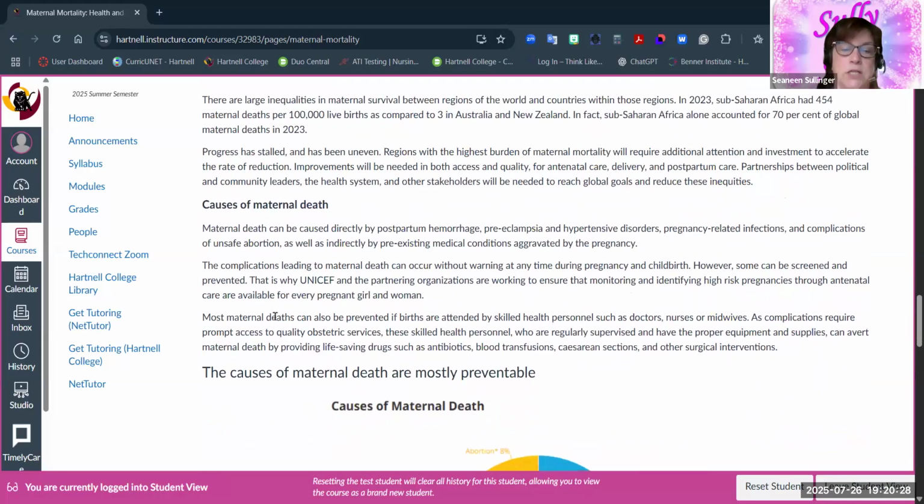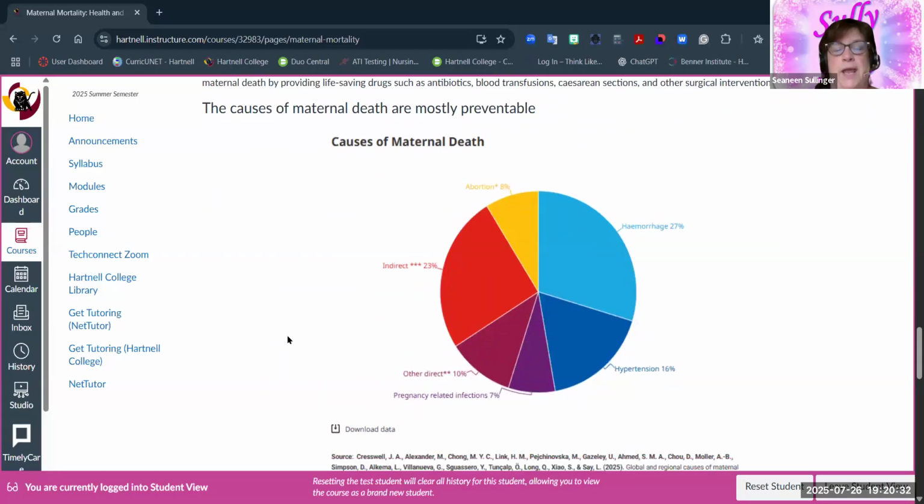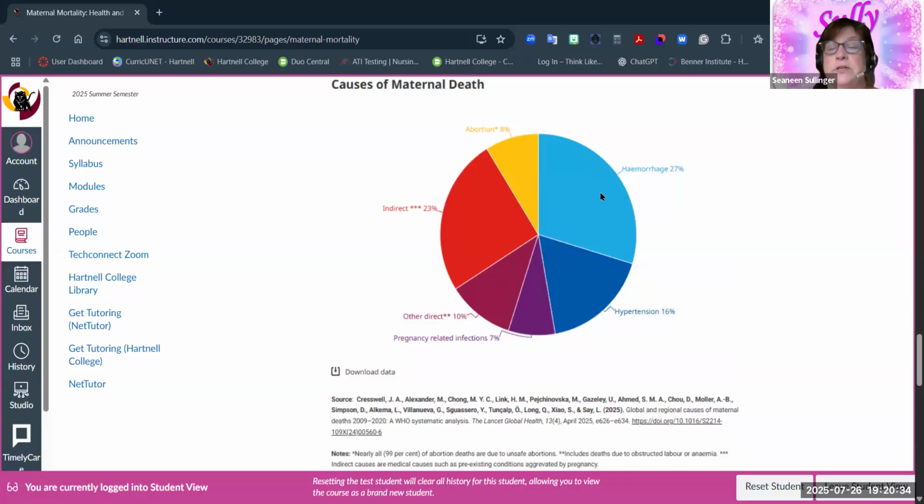And it talks about different causes of maternal death. So looking at abortion, hemorrhage, hypertension, pregnancy-related infections. You can have sepsis, sexually transmitted diseases.